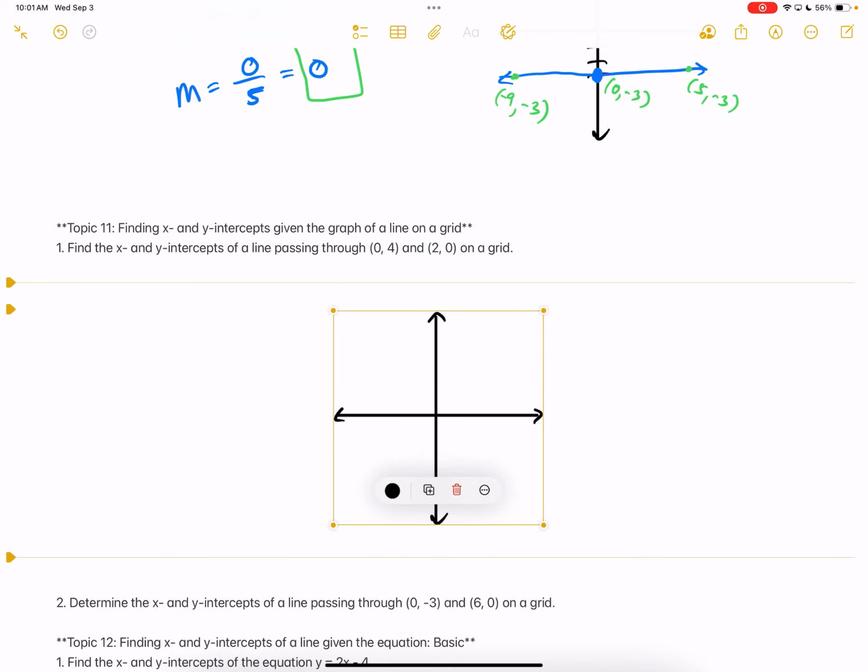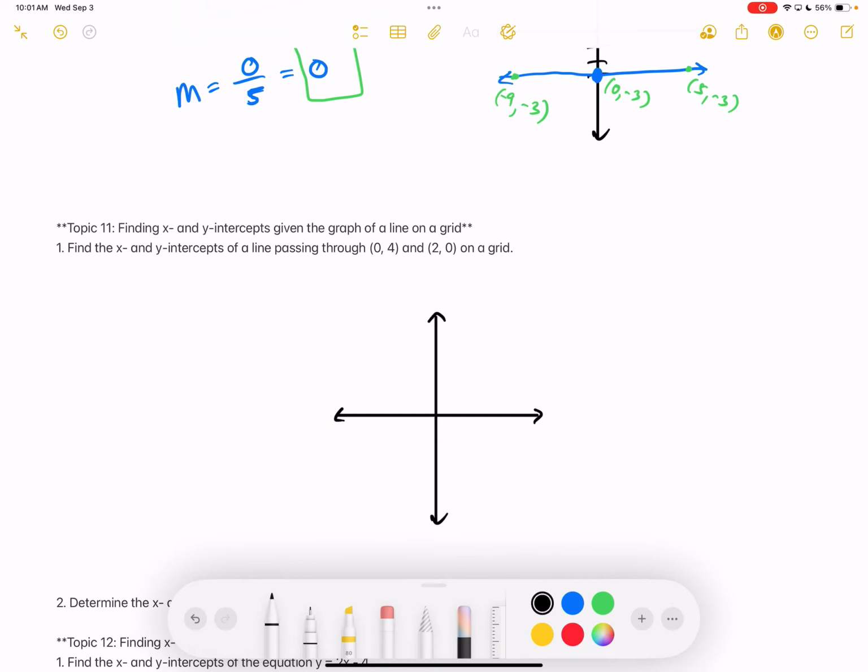All right. X and y intercept. This one, I think it gives you a picture. So if I have this picture, the x-intercept is where it crosses the x-axis. The y-intercept is where it crosses the y-axis. So my x-intercept here would be right at this point, 4, 0.